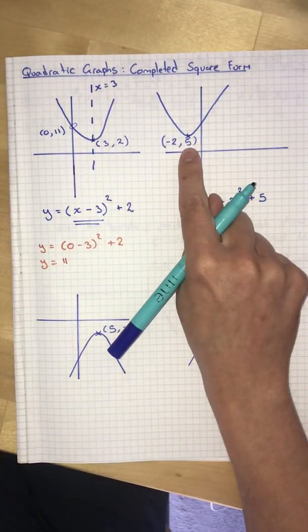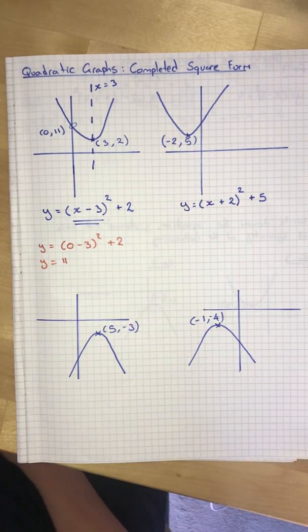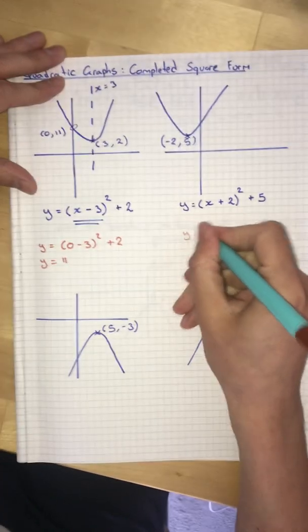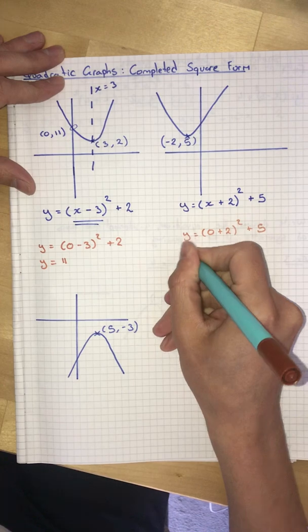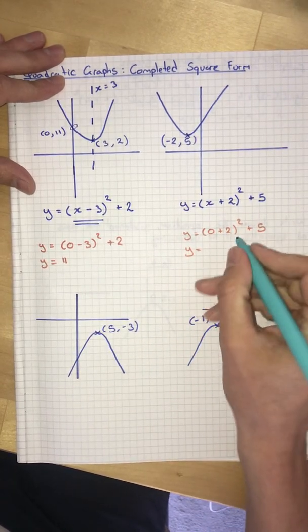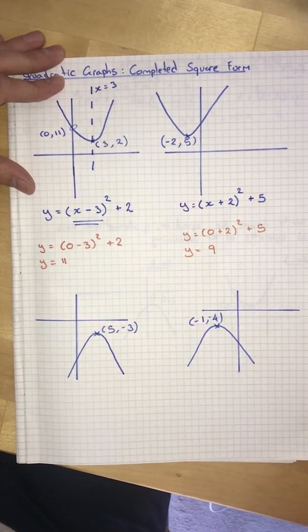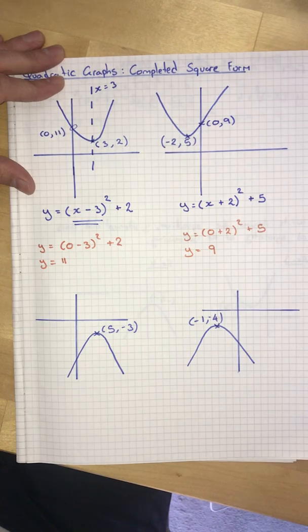So the y coordinate stays the same, the x coordinate changes. And then just find the y-intercept. Zero plus 2 is 2, 2 squared is 4, plus 5 is 9. And so the y-intercept is 0, 9.